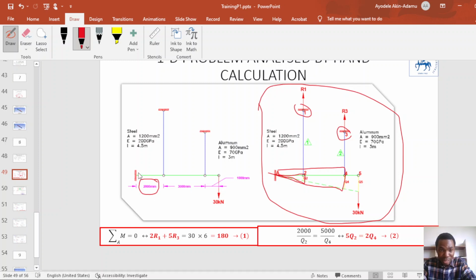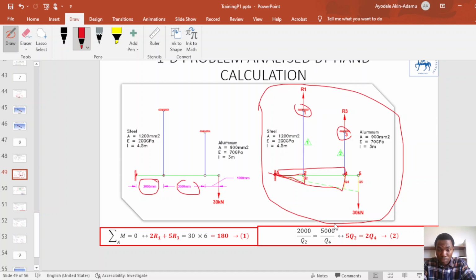So using similar triangles, 2000 over Q2, that is this deformation, equals the distance from node A to node 4, which is 5000, that is 2000 plus 3000, 5000 mm, divided by the deformation at node 4.